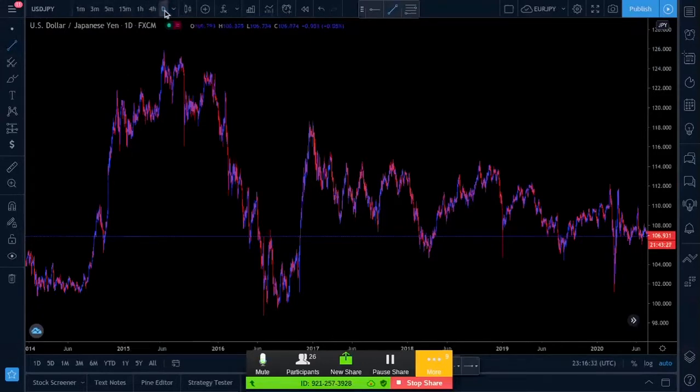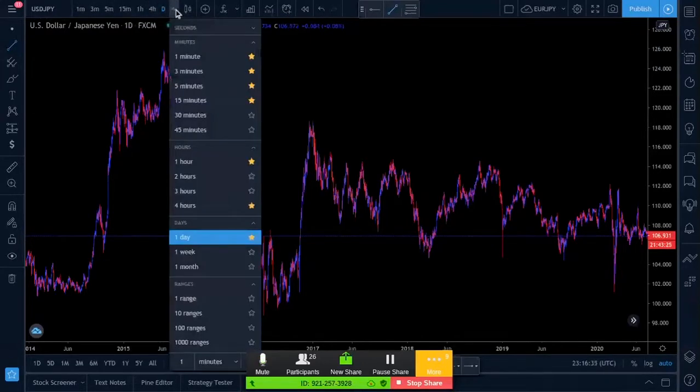So if you guys want to take a screenshot or take some notes on what I use, everything I have a star on is the only thing I use and the only things I look at as far as time frames.